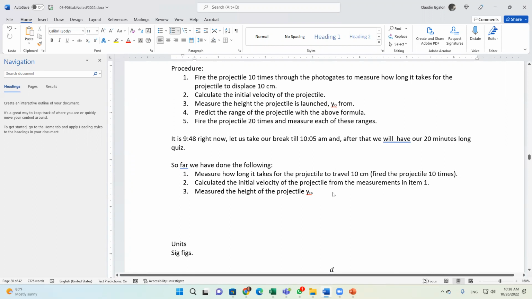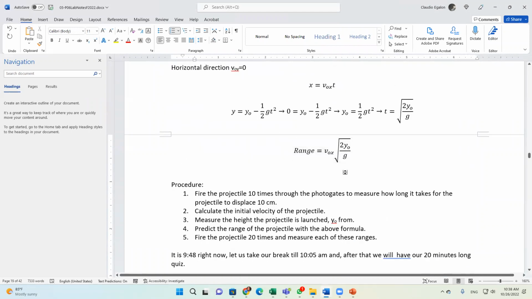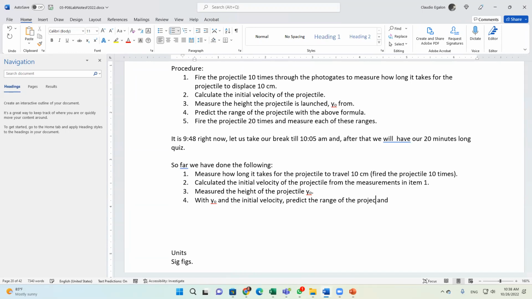Measure the height of the projectile, y naught. With the initial velocity and the y naught, predict the range of the projectile.